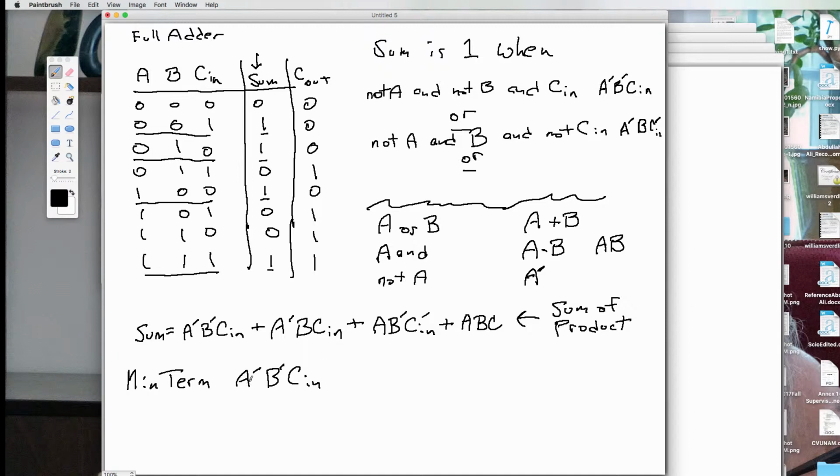If something is primed, I make that a 0, so this would be a 0. And if it's not primed, I make it a 1. So this A prime, B prime, C in is 0, 0, 1. That corresponds to 0, 0, 1 right over there, and I would say that this is the minterm 1.